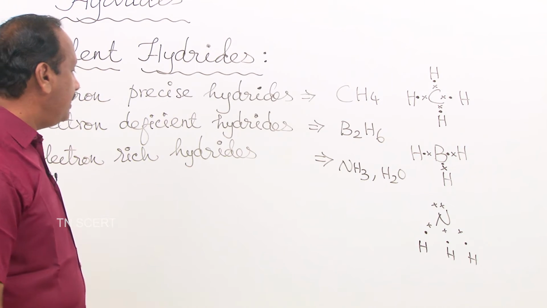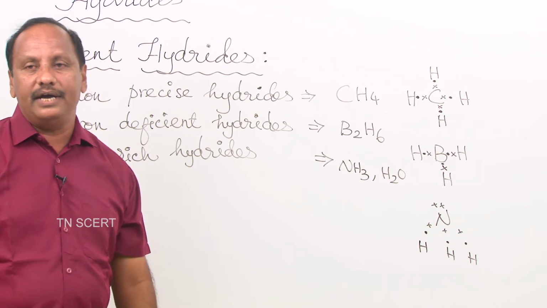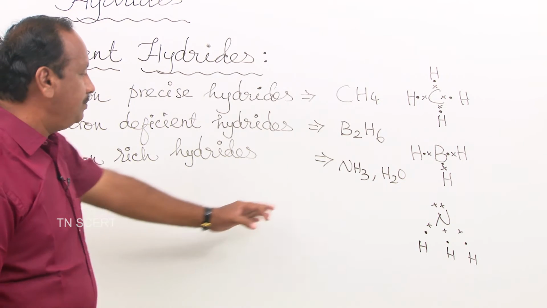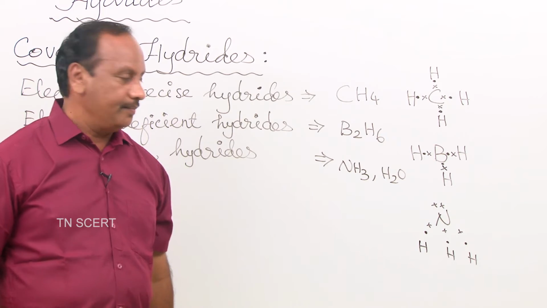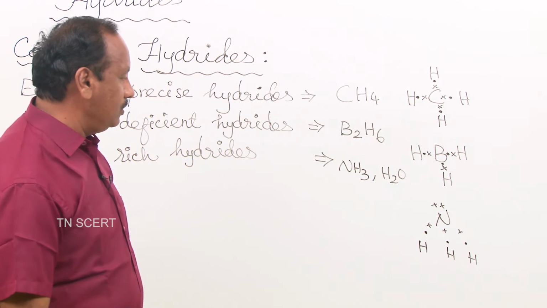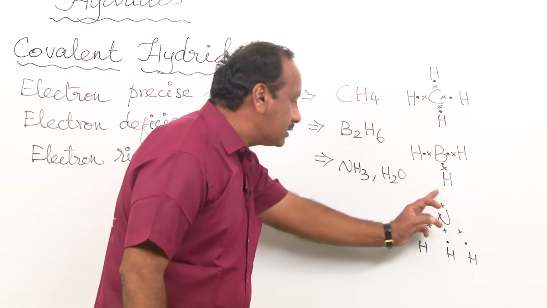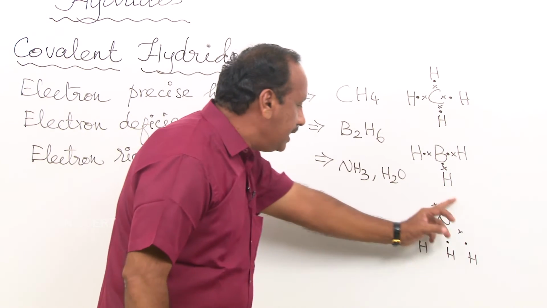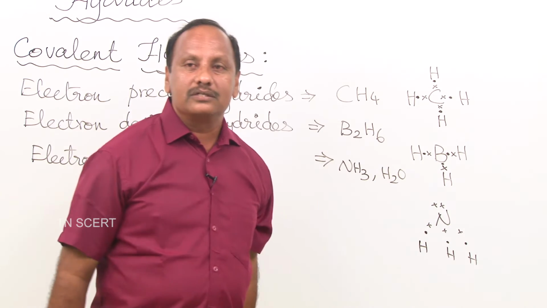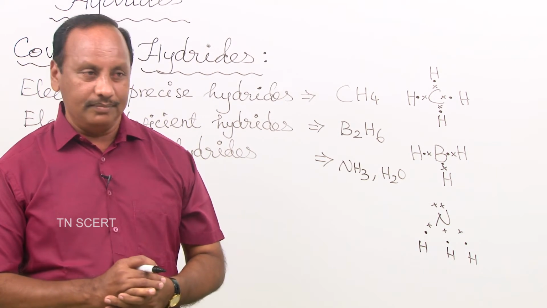The next type of hydride, electron rich hydrides. What are the examples? Ammonia, water, etc. In the ammonia molecule, there are 8 electrons around the nitrogen atom. Among the 8 electrons, 6 electrons are involved in bond formation.